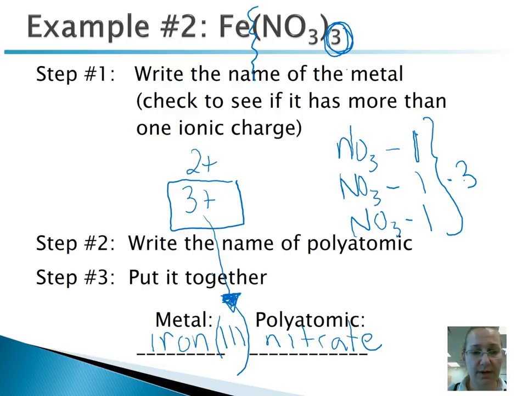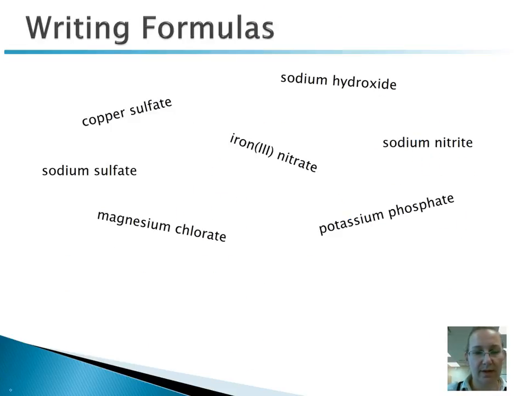They're very similar to ionic compounds. Now let's work the other way. Here I have a whole bunch of names and I have to write formulas. One thing that you should notice about most of your polyatomic ions is that they don't end in IDE.